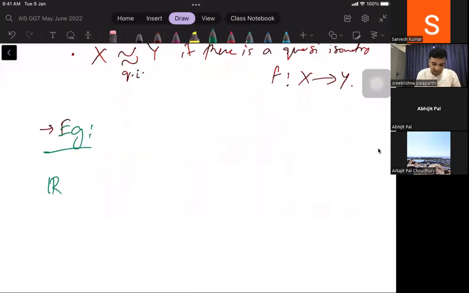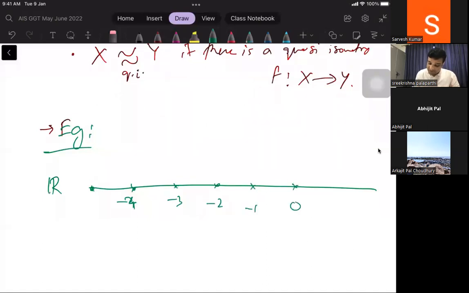You take the metric space R, and then there are the integral points, let us say starting from -4, -3, -2, -1, 0, 1, 2, 3.